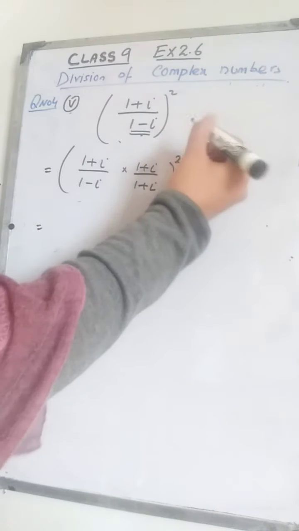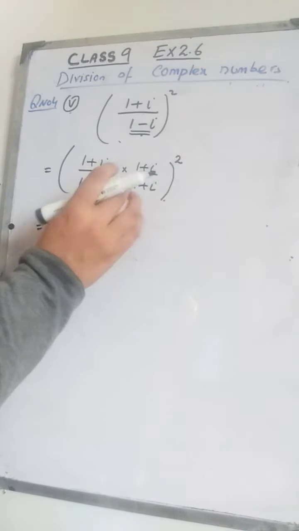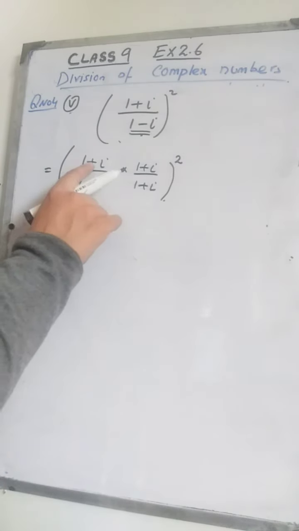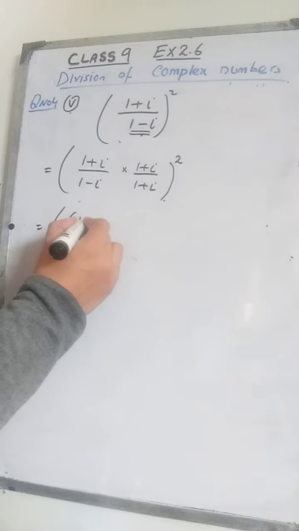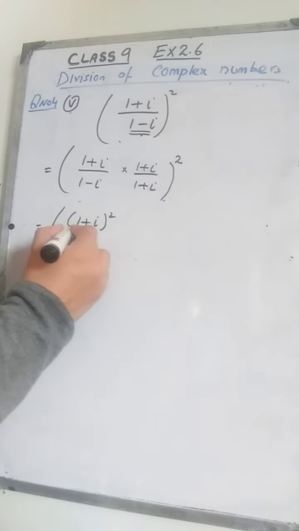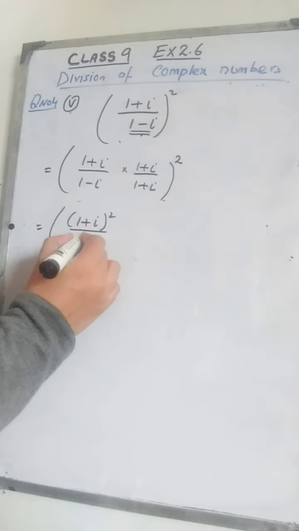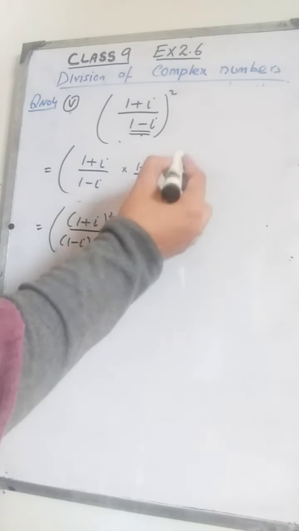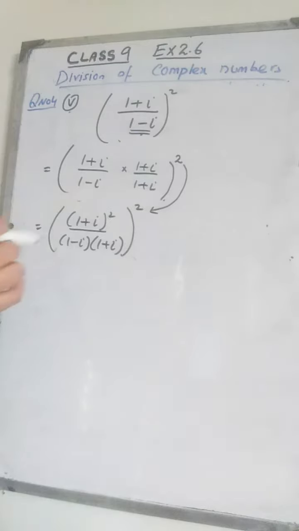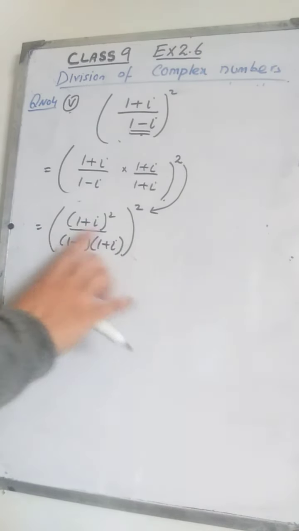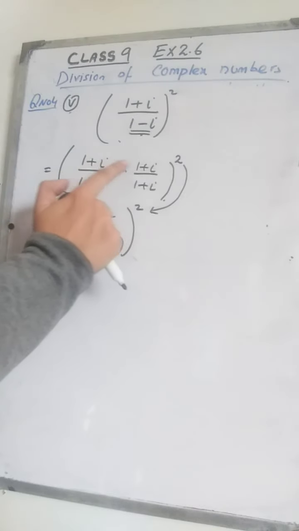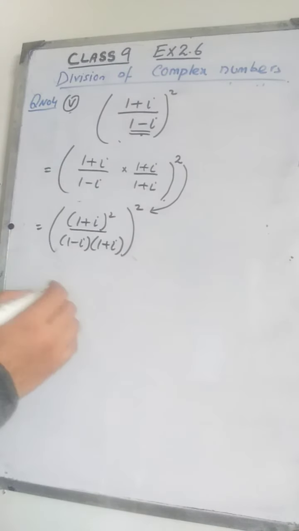I am going to put a square sign over here, and inside the bracket we are doing the simplification. 1 plus iota into 1 plus iota will be 1 plus iota whole square over 1 minus iota into 1 plus iota. This square is because of the multiplication of these two same brackets.